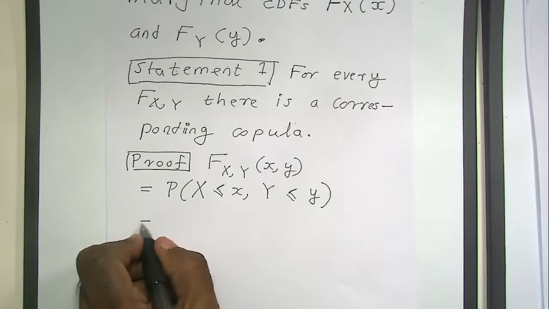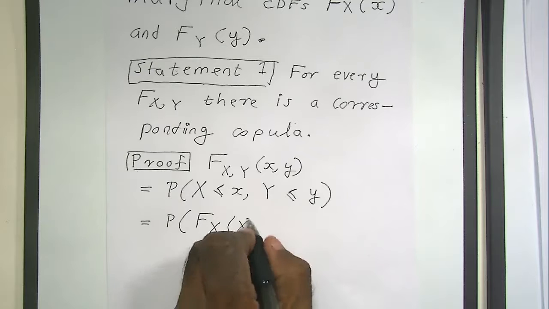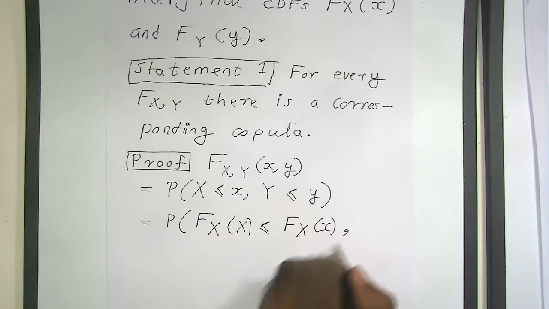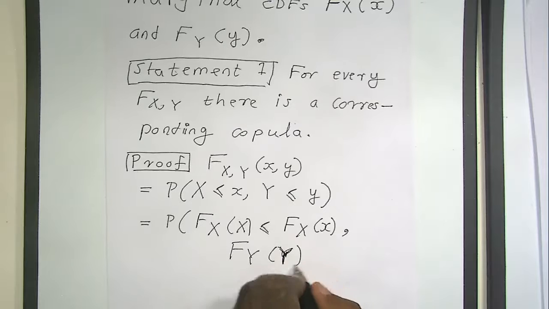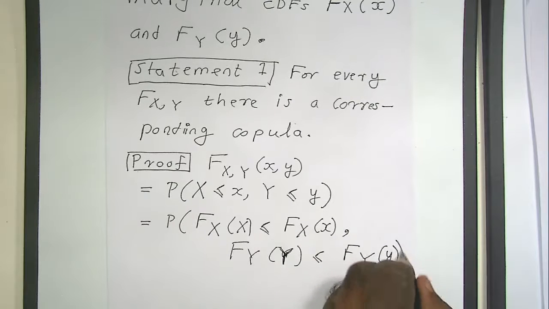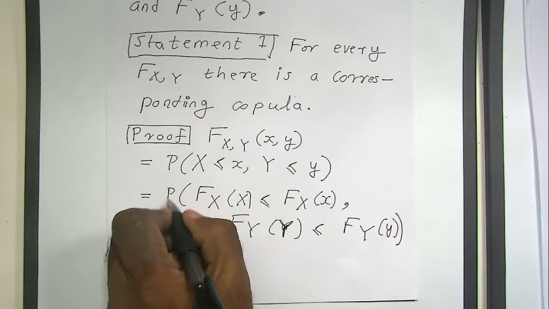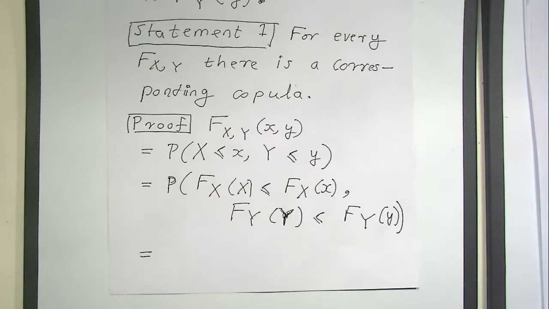Okay, now you can write this as this, right? Can you tell me, I know you've done statistical inference and other courses, about the distribution of this and this?